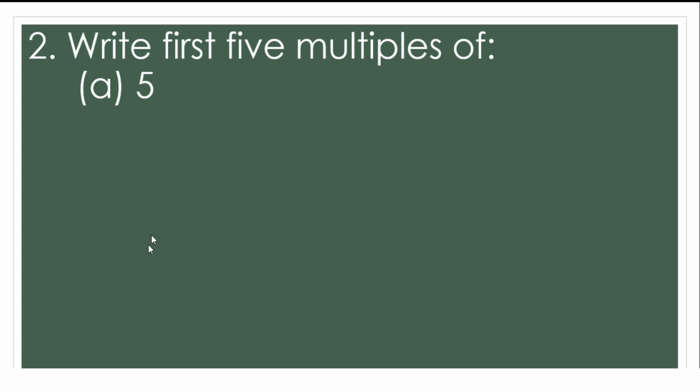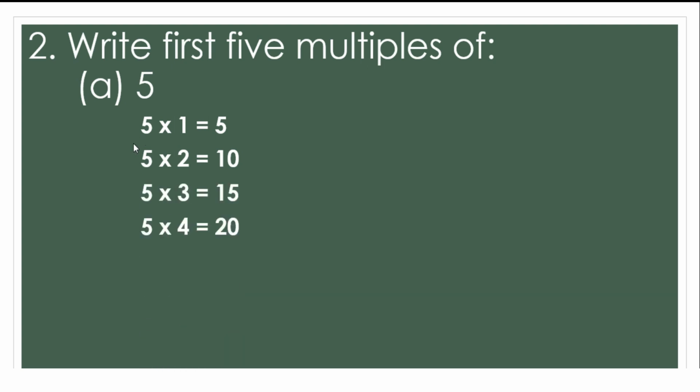Write the first 5 multiples of 5. You know what the multiples of 5 are. They are asking for the first 5 multiples only. So 5 1s are 5, 5 2s are 10, 5 3s are 15, 5 4s are 20, 5 5s are 25.